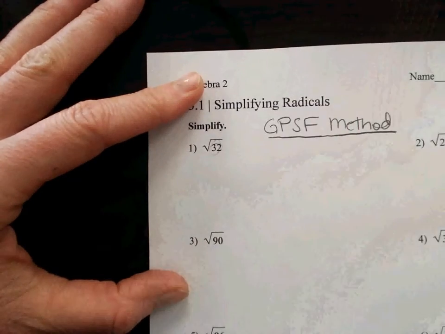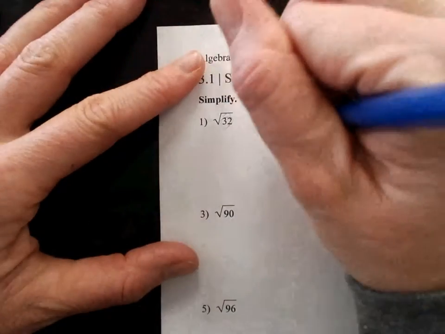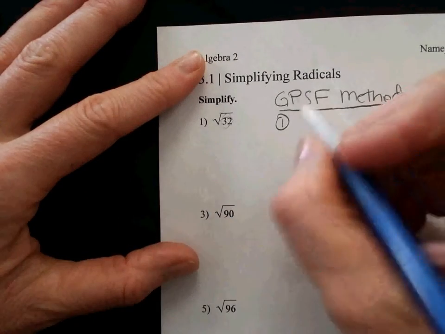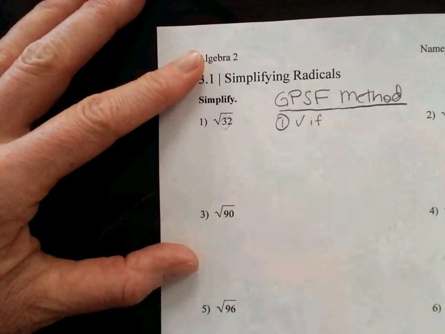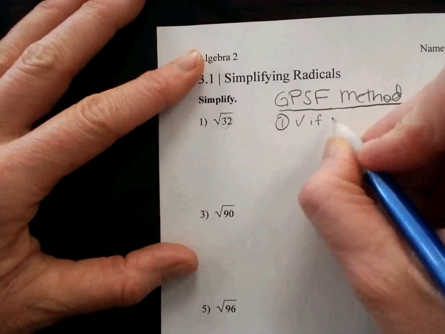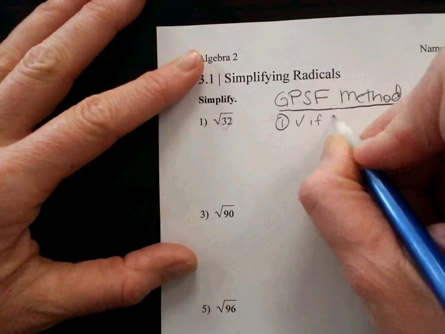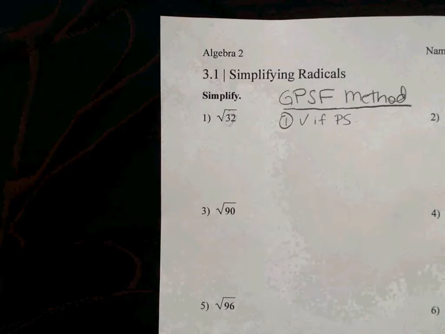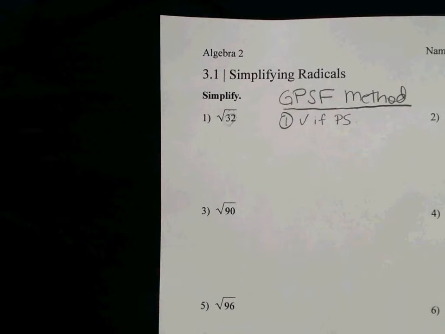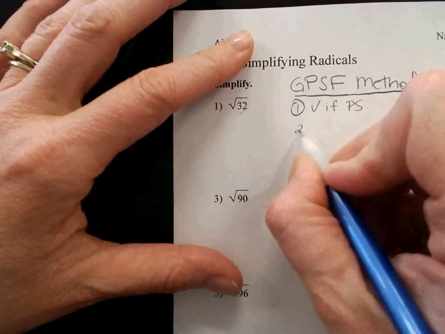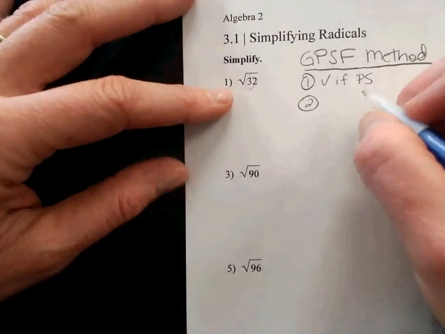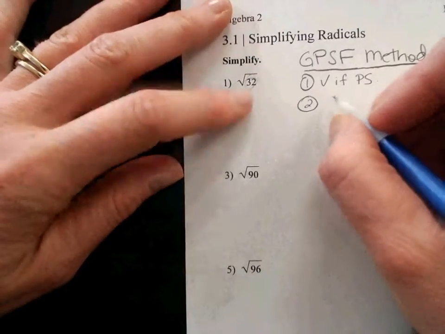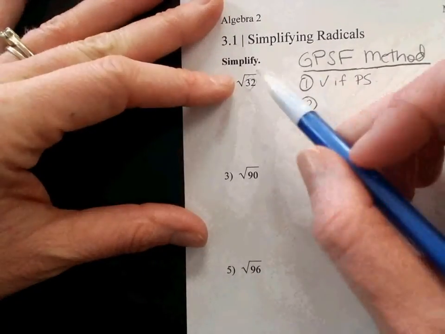Step one is you want to check and see if your value is a perfect square. So I go 32. Is that a perfect square? It's not. So then I go to the second step, which is to look for a perfect square up to halfway to the value.